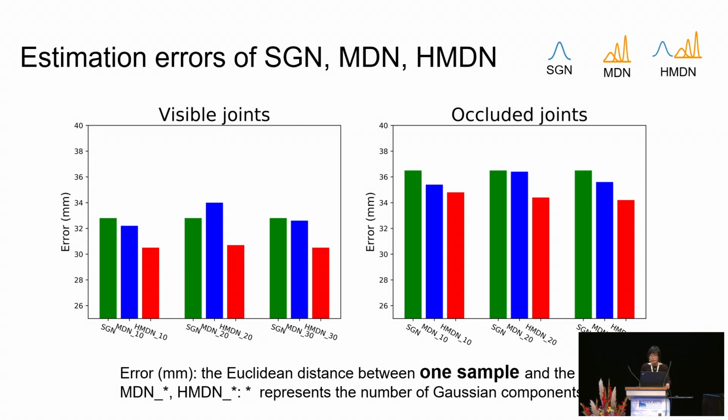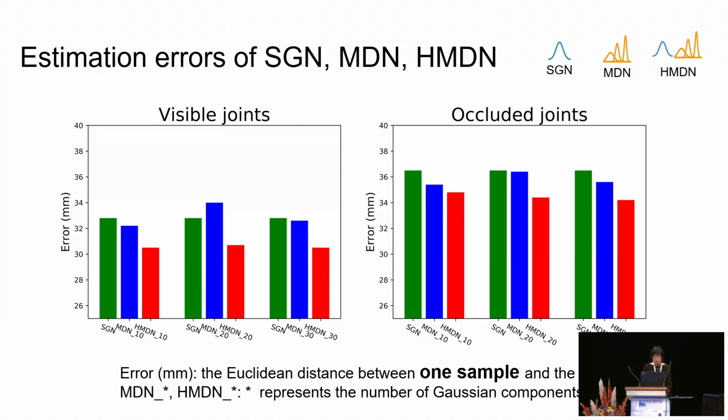And to compare the variance, one hypothesis is drawn from these distributions and compared with the pose label. The numbers 10, 20, 30 represent the number of Gaussian components for MDN and HMDN.